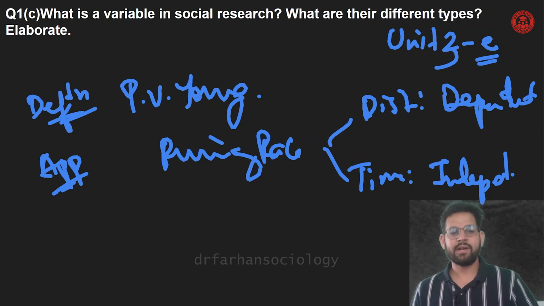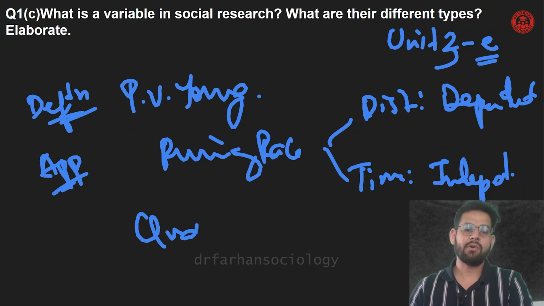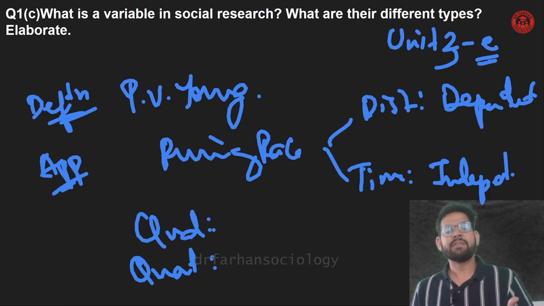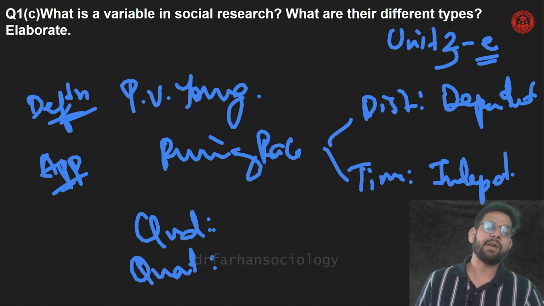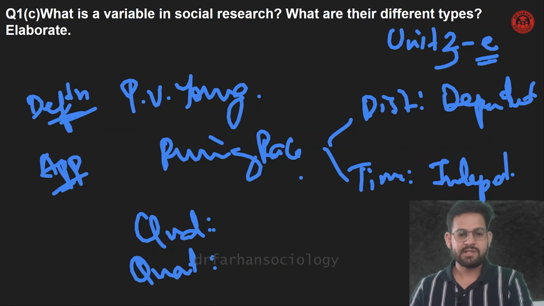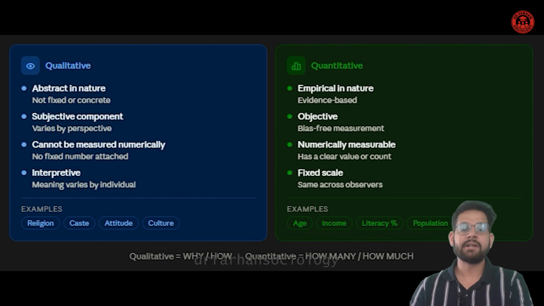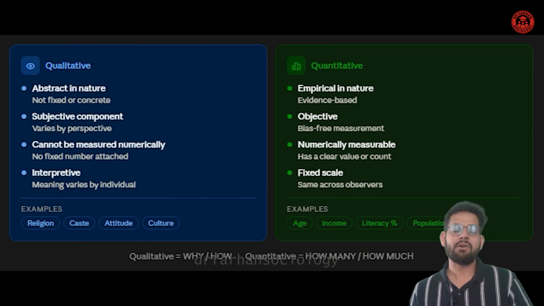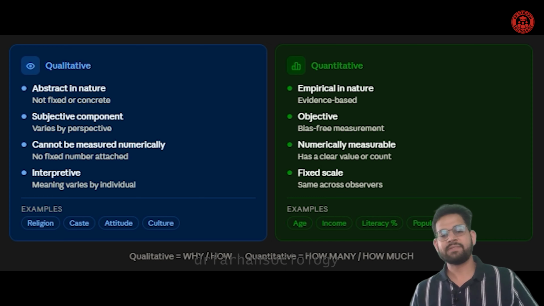If we go further ahead, we can again have a categorization on the aspect of qualitative and quantitative variables. The qualitative variables are going to be abstract in nature. They are going to have a subjective component attached. They cannot be measured on the basis of empirical evidence. Such phenomena are expressive in nature, elaborative, and can be interpreted on the basis of one individual; it varies on the basis of perspectives and interpretations.